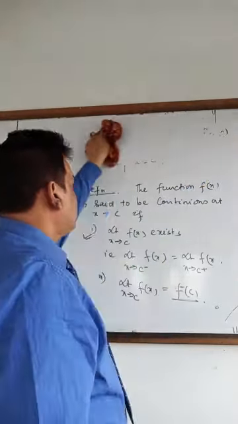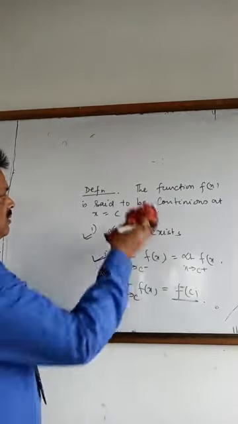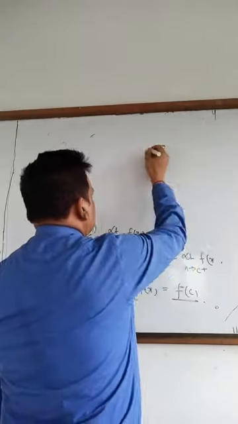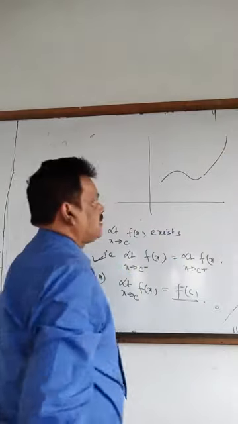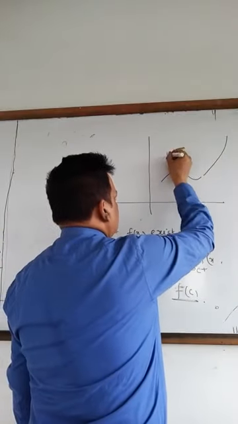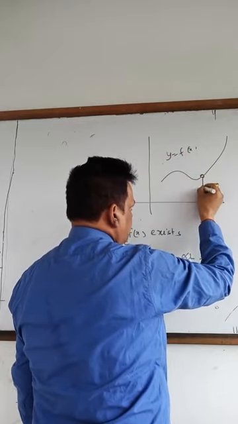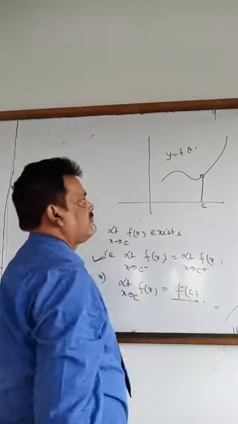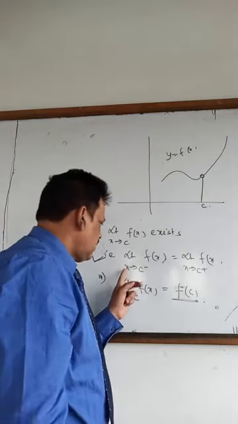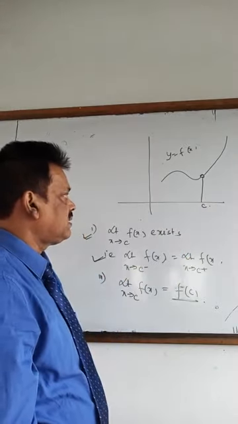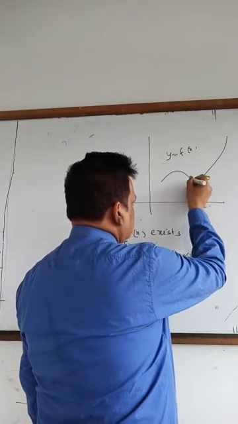Look, let me discuss this point. What is left hand limit equals right hand limit? Suppose I consider a curve here, like this. I say y equals f(x) is a curve. This is the point I found, point C. When I say x tends to C minus, it means any point on the left hand side. I am taking it a little far here, just so you will understand.